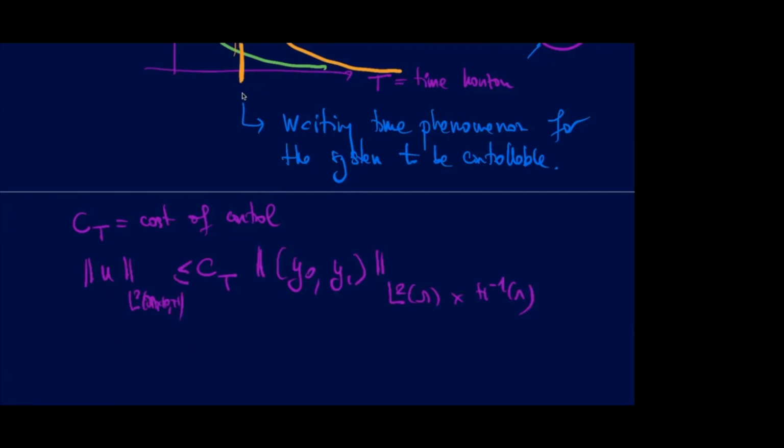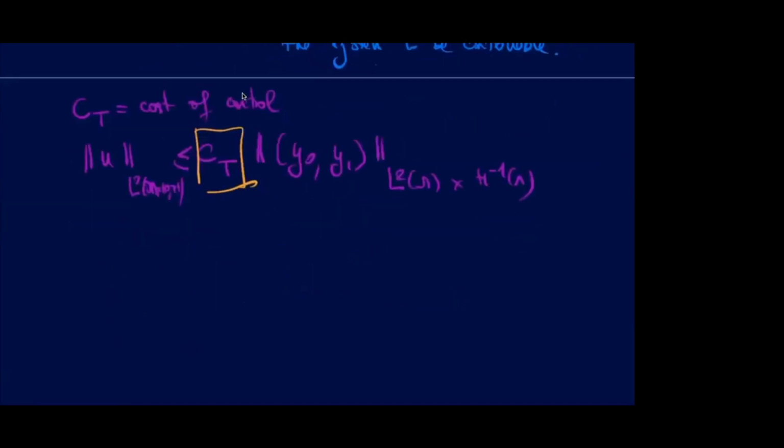It's just the constant that tells you how big is the control depending on the amplitude of the initial data you have to control. It's a linear map. It's just the norm of the linear map that out of initial data gives you the control.